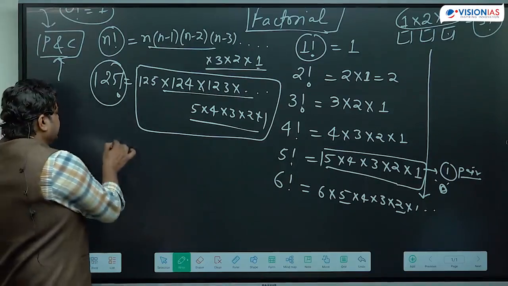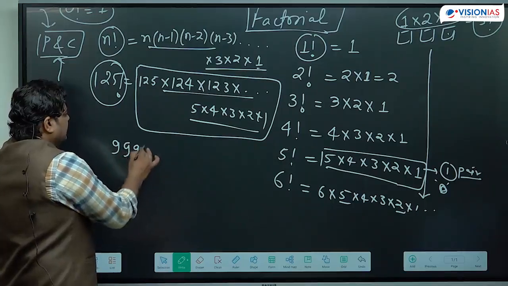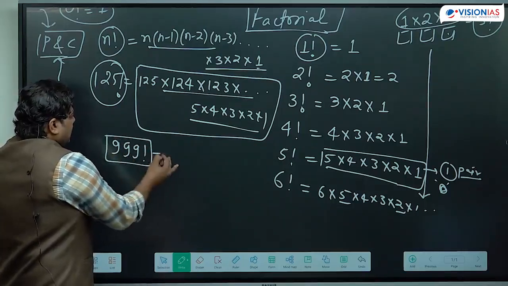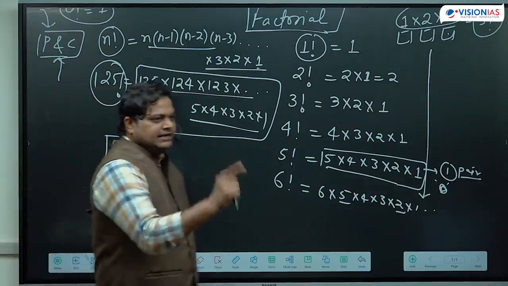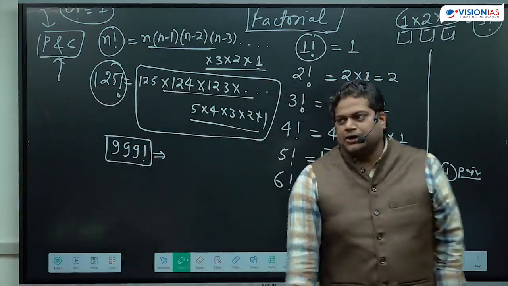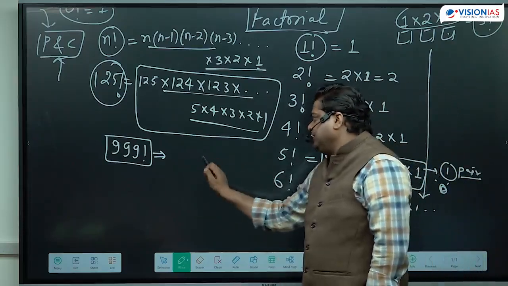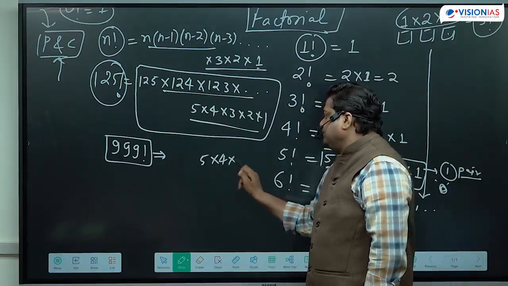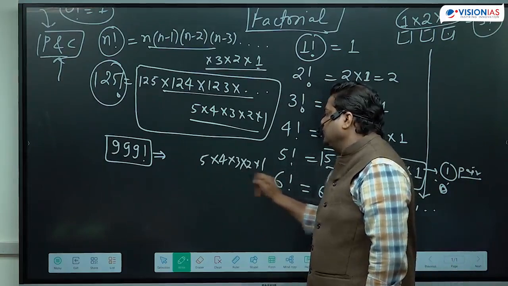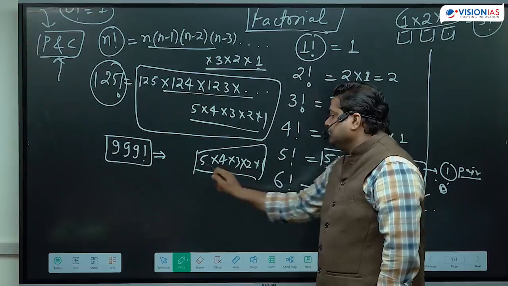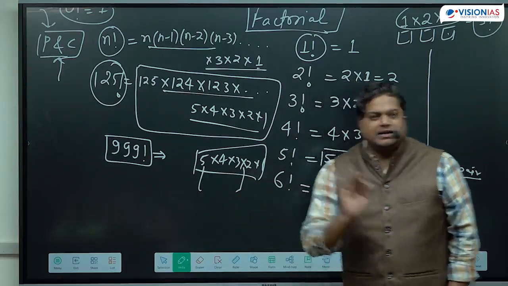If I write 999 का factorial, and if I ask what will be at the end, unit place पे क्या होगा? 0 होगा. इसमें भी लास्ट में 5 4 3 2 1 will be there or not? So 5 and 2 का at least 1 pair we are getting.